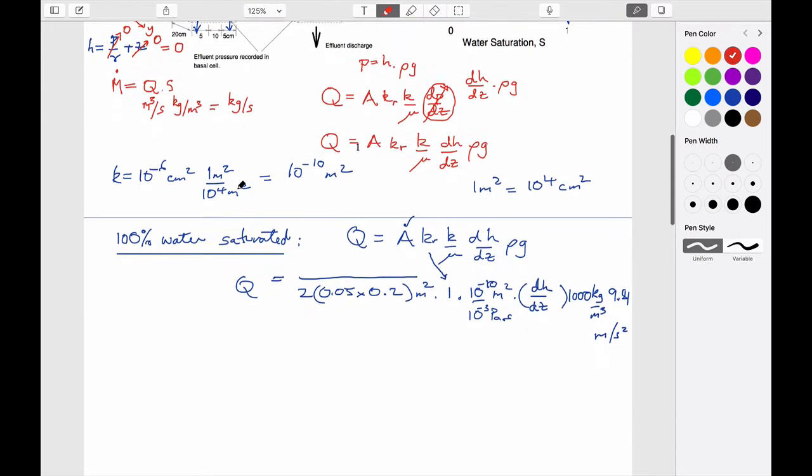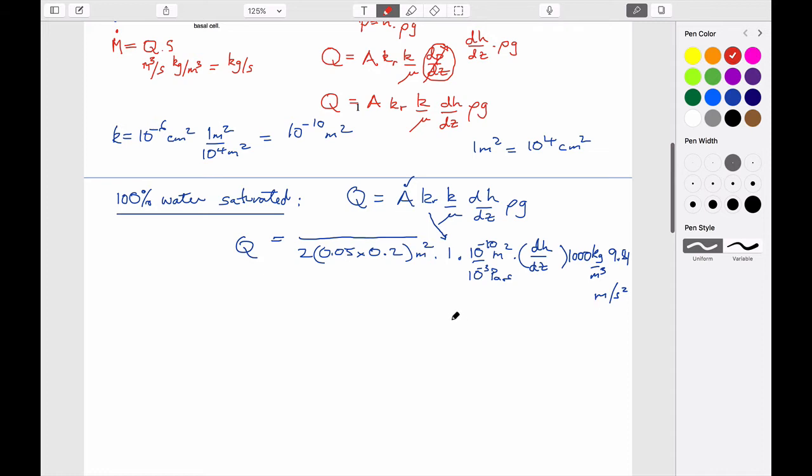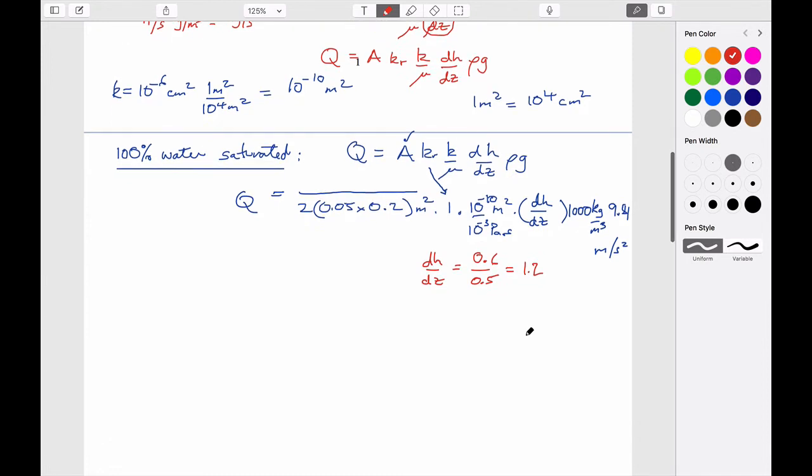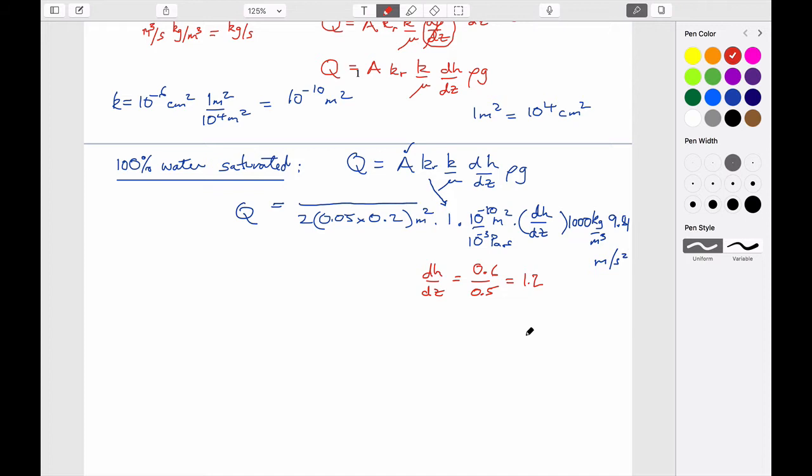And so all we need to do is to make sure that in this particular case, dH/dz is equal to 0.6 over 0.5, which is 1.2, right? Hydraulic gradient of 1.2. And so that's what's driving flow in this particular case. And so this would be the amount that would go into here.